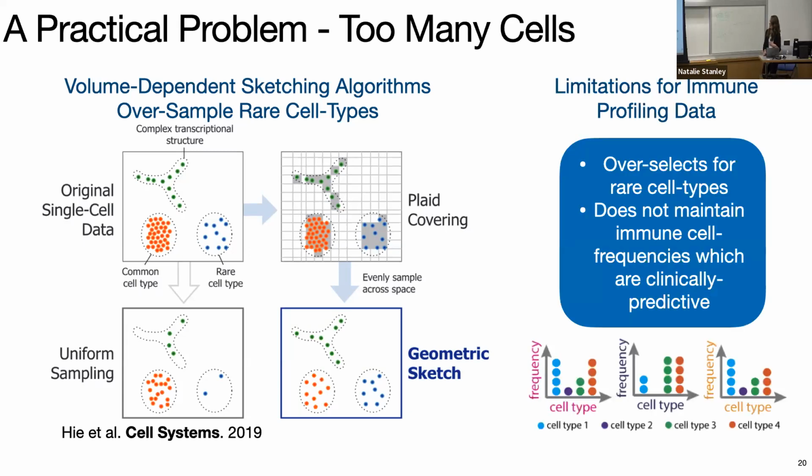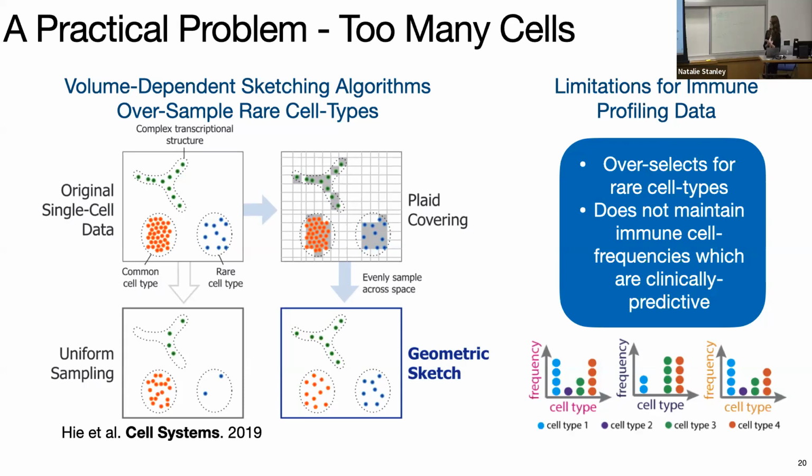But if you work with immunology data, you know that the frequencies of cell types are actually very important for prediction. So we don't really want there to be artificial oversampling of rare cell types. In fact, when we downsample the data, we want to make sure that the frequencies of major cell types can be preserved.